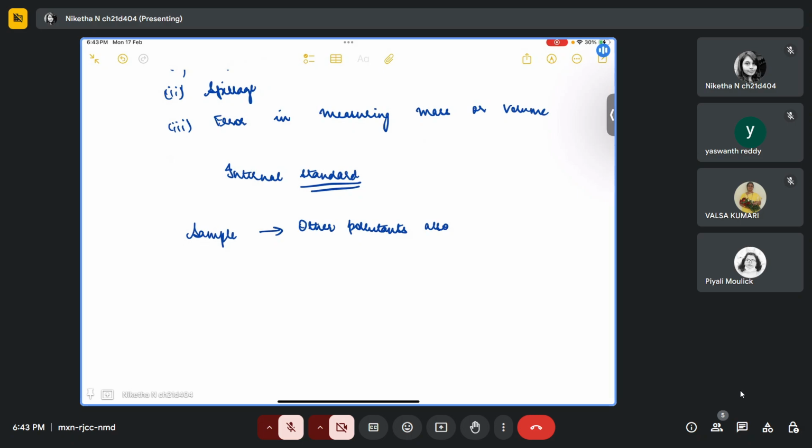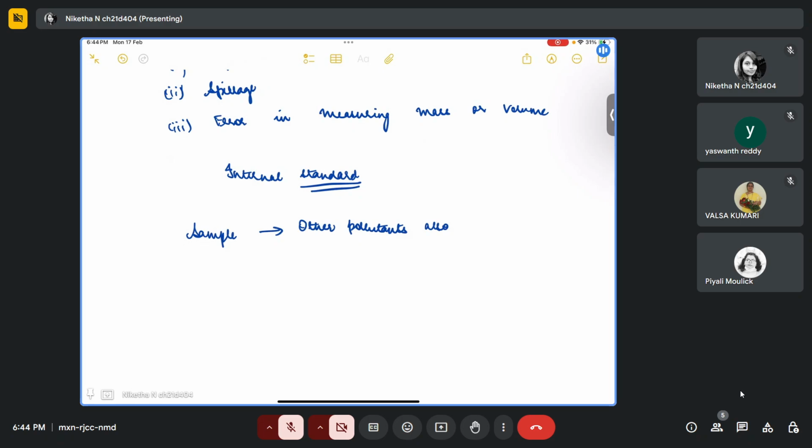Sometimes these other pollutants will interfere with the analysis of our desired pollutant. So, in order to check if there is going to be any reduction in the concentration of the chemical due to other pollutants, we use internal standards.